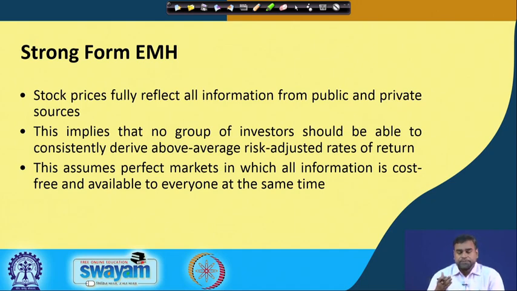If anybody uses that additional information, obviously those people can get more return than common retail investors like us. So at any point of time, if you categorize one group of people who have private information and another group who do not, you see whether return differences exist between them or not.